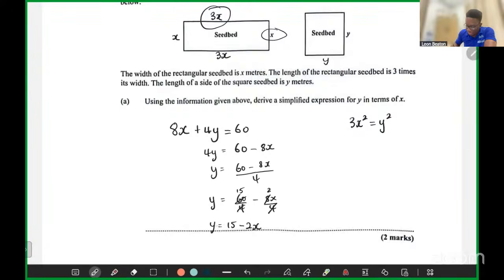In this one, it told us y is equal to this, so all we need to do is replace y with this. So instead of y squared, we'll have 3x squared is equal to, instead of y squared, we'll have 15 minus 2x, and then we simplify this and we should get the answer at the bottom. We've got to square it, because it's the y replacing. So let me bring this down to the bottom and then work it out.